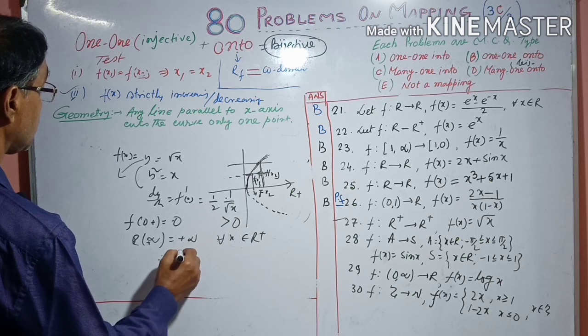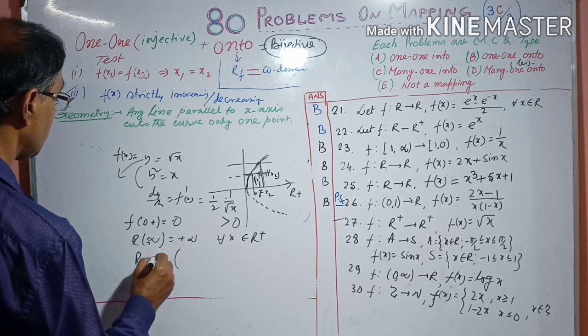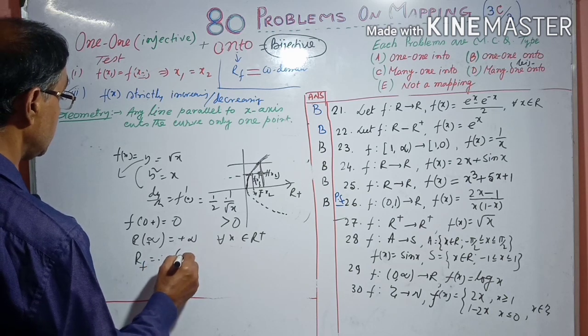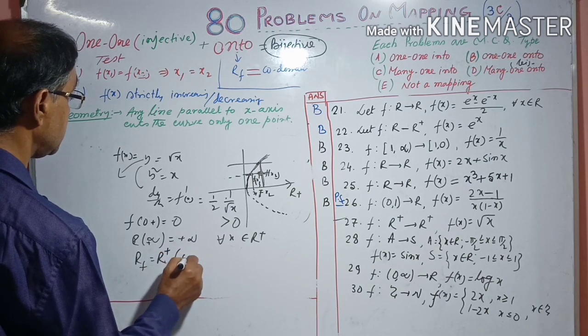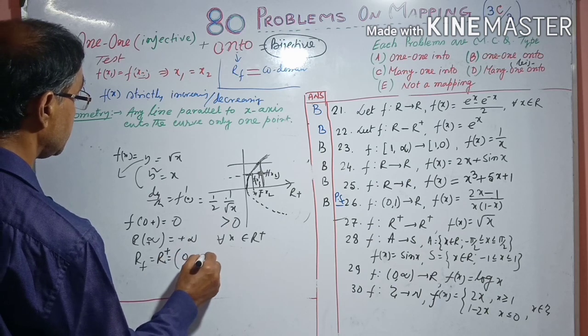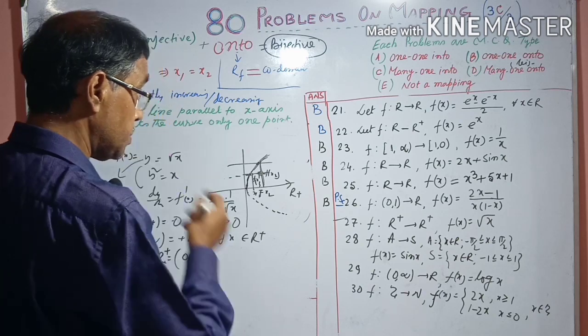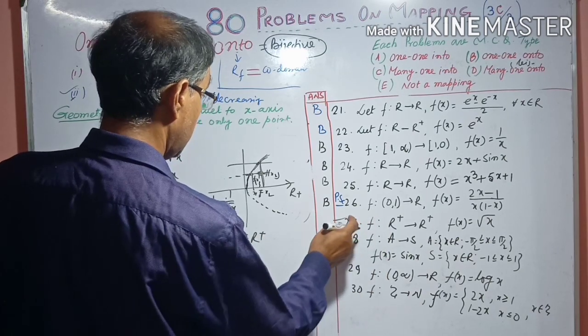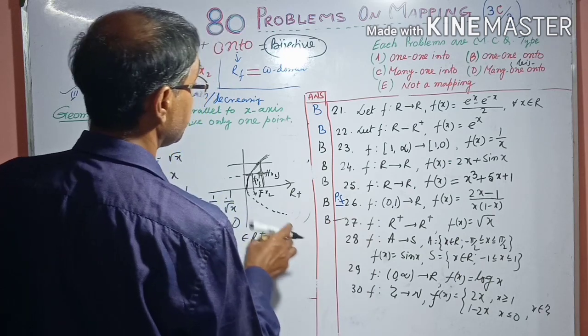Therefore the range of the function equals the codomain, Rf equal to codomain, and the given codomain is R plus, that is (0, infinity). So it is also one-one and onto, bijective mapping.